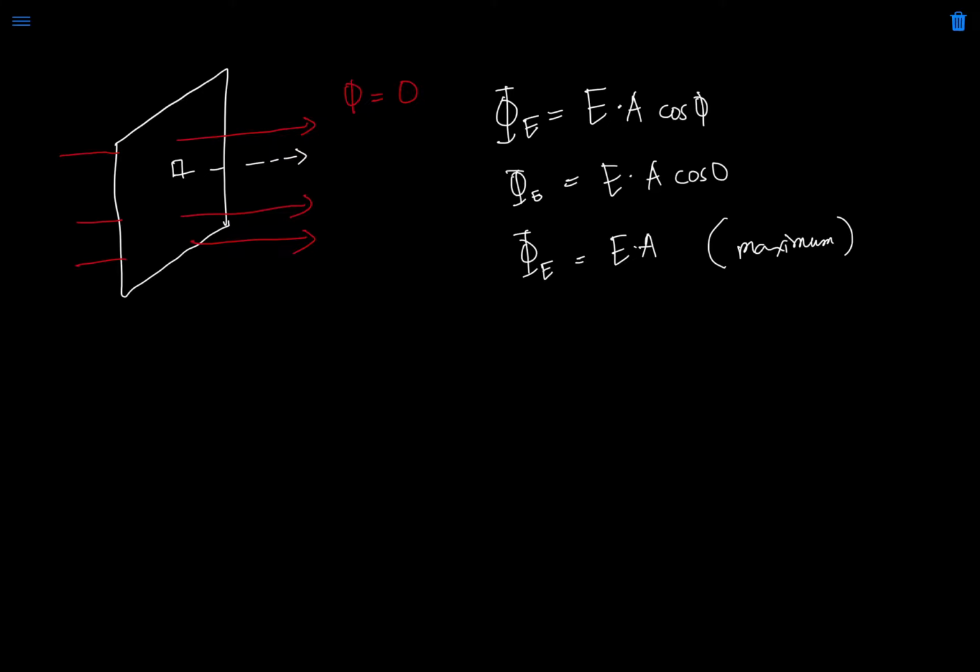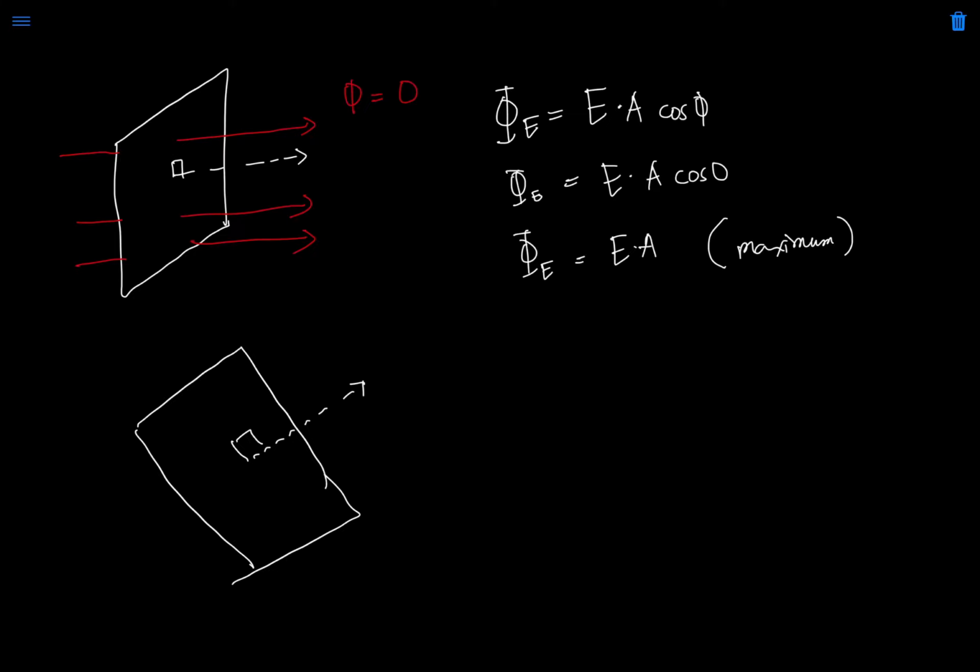What happens when we tilt this surface? For example, we have tilted the surface this way. Now let's locate again the normal line. Again, the normal line is the line that is perpendicular to the surface. So if this is the surface, the line that is perpendicular to it is the normal line. So here is the normal line, or the broken line.